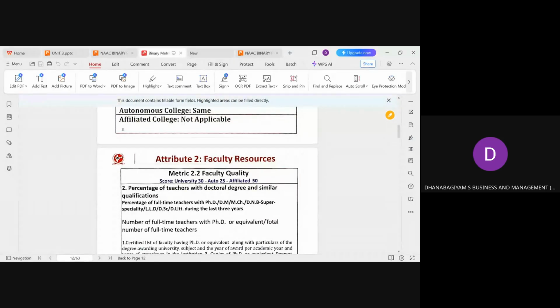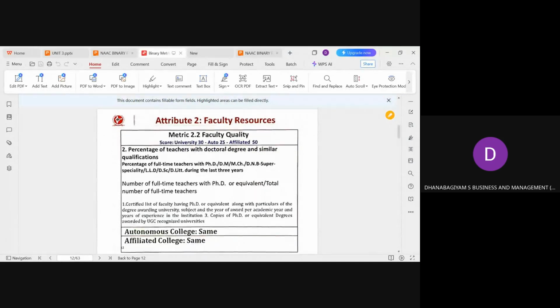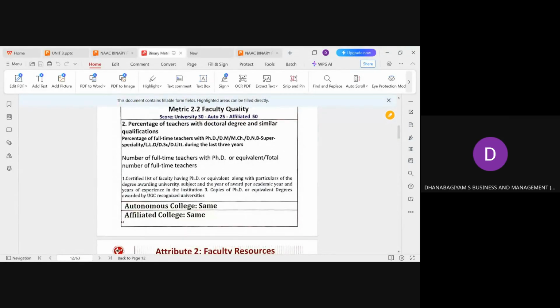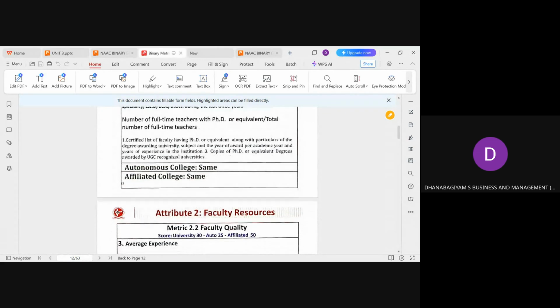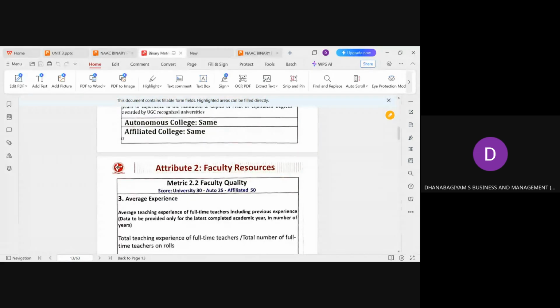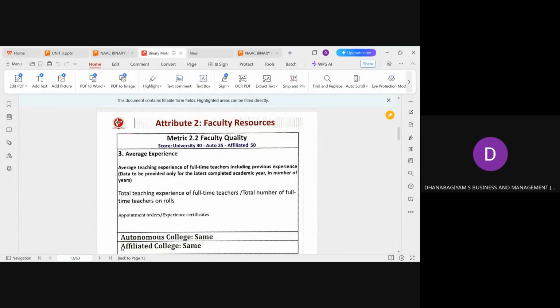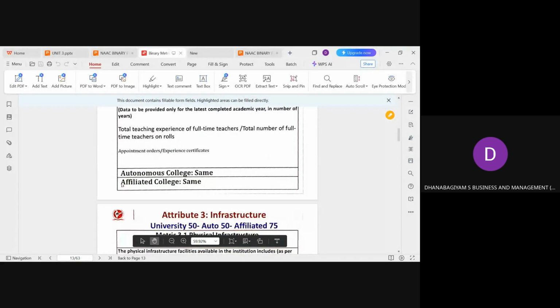And next, we should have more and more PhD holders. Faculty should be more and more full-time teachers with PhD. It will add more weightage for our NAAC score. Faculty resources should also be considered experience-wise. We have to have the classification, and then we should have the scores. So this comes under attribute 2.